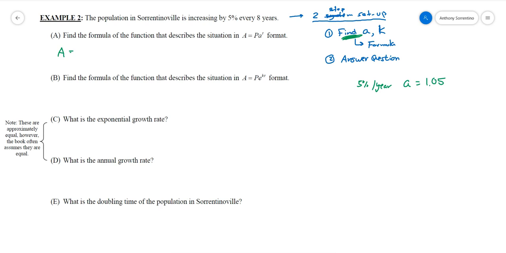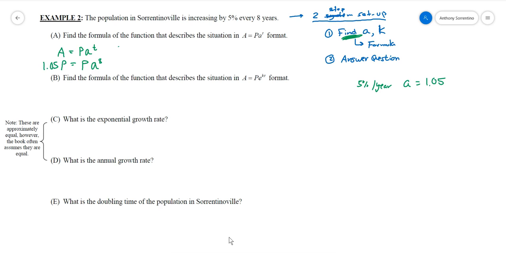A equals P A to the T. And basically what I'm told is that in 8 years' time, my final amount, given this initial value P, now I could put any number in there, and since we're dealing with percentages, it'd be 100. But it stands to reason that if I start with this amount P, then A would be 105% of that initial amount.